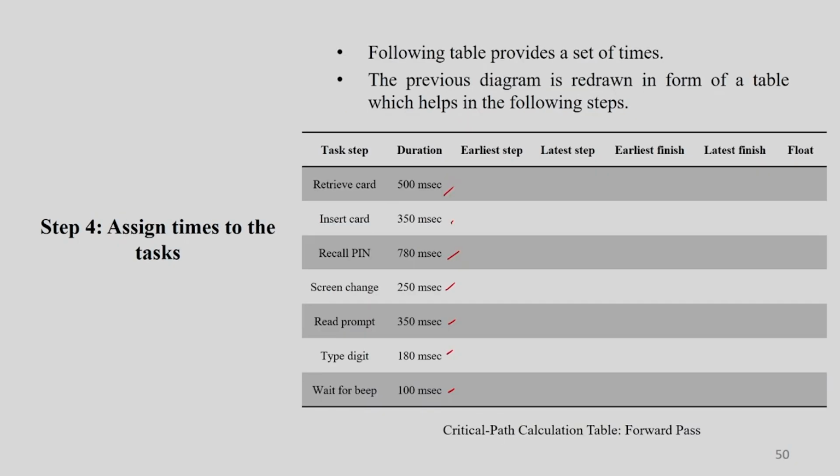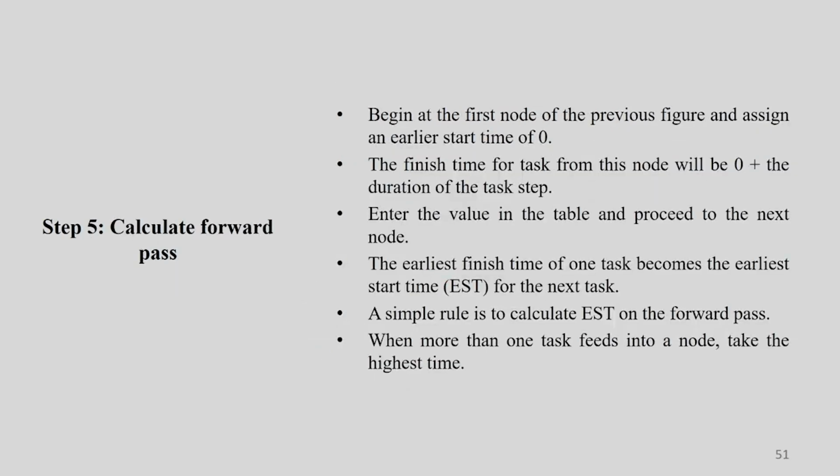So retrieve card, suppose 500 milliseconds. It started at 0, so 500 milliseconds. Then the next step is insert card, 350 milliseconds. So before I go for recalling the pin, how much time do I have? 500 plus 350, 850 milliseconds. So it's a plus.